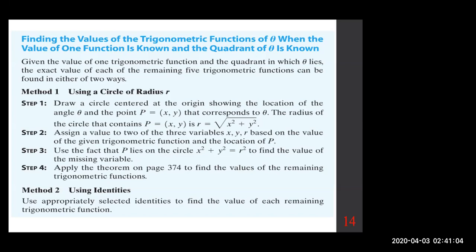Just, you have seen how we go through those definitions that we have seen. For example, cosine is x over r. Sine is y over r. That's all you really need to remember. The rest can be found through sine and cosine.